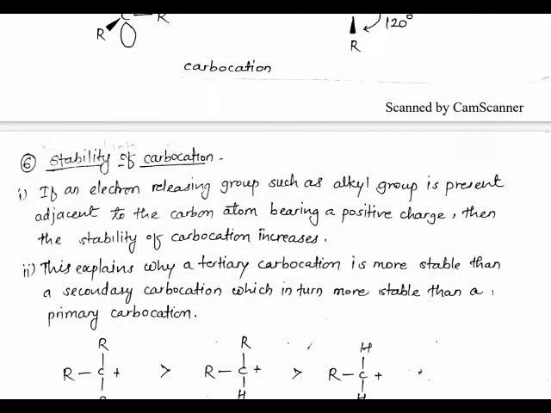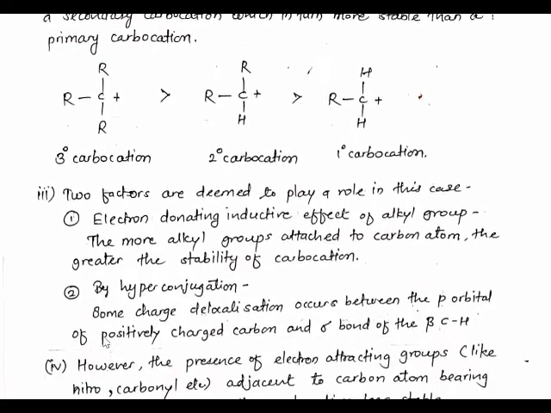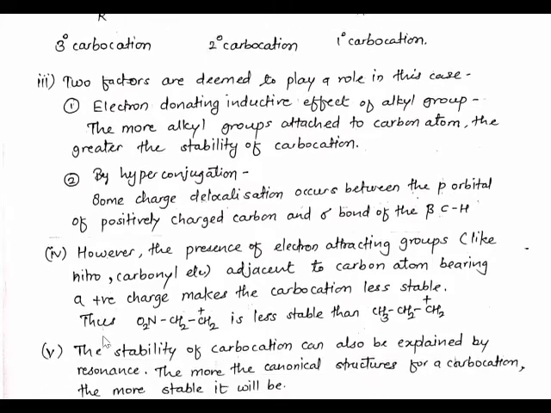In the stability of carbocation, a tertiary carbocation is more stable than a secondary one, and a secondary one is more stable than a primary one. If an electron releasing group is attached to the carbocation, its stability increases, and if an electron withdrawing group is present, its stability goes on decreasing. If hyperconjugation is possible, stability also increases.